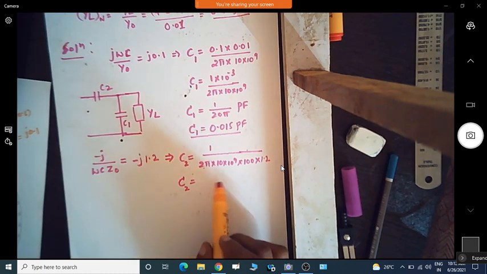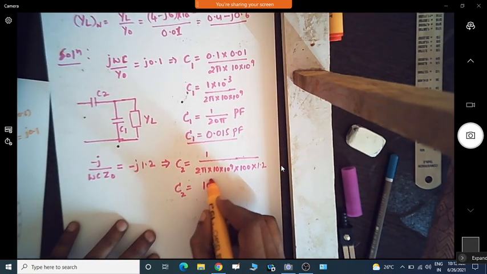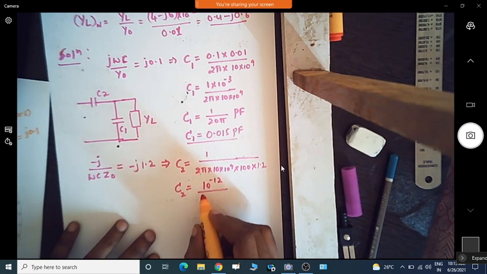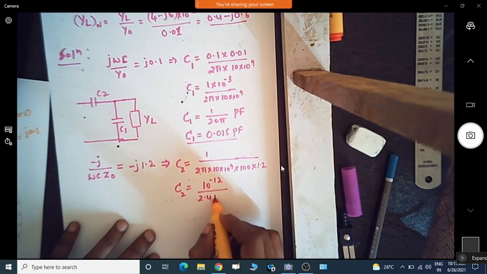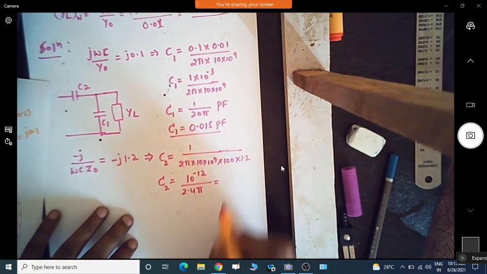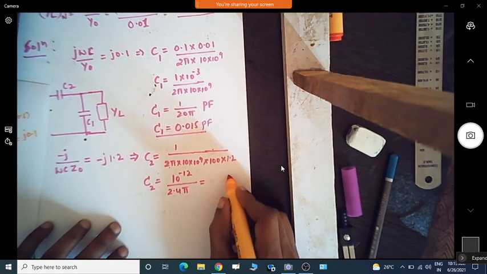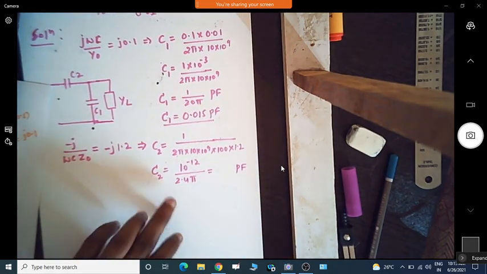What is the value of C2? So it is 10 power minus 12 divided by 2.4 pi. This is what we are going to get. So 1 over 2.4 pi, how much have you got?